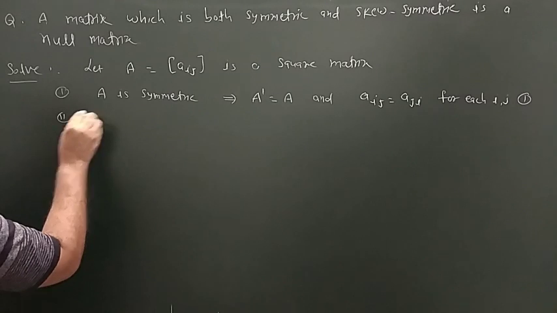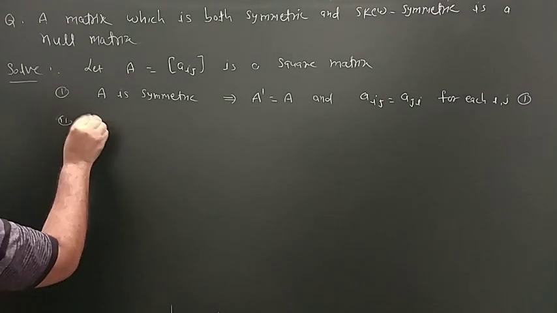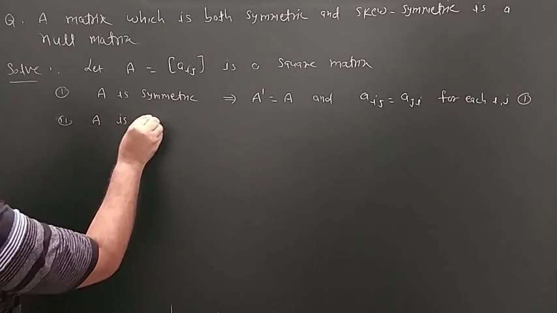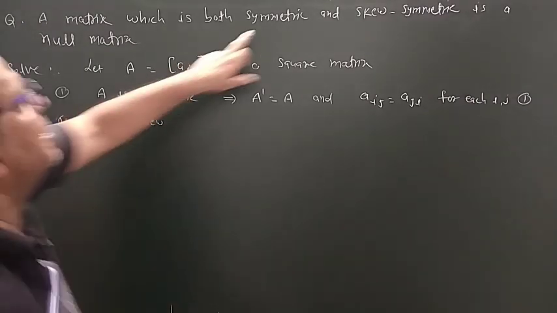Second, A is skew symmetric, because A is symmetric and skew symmetric both.